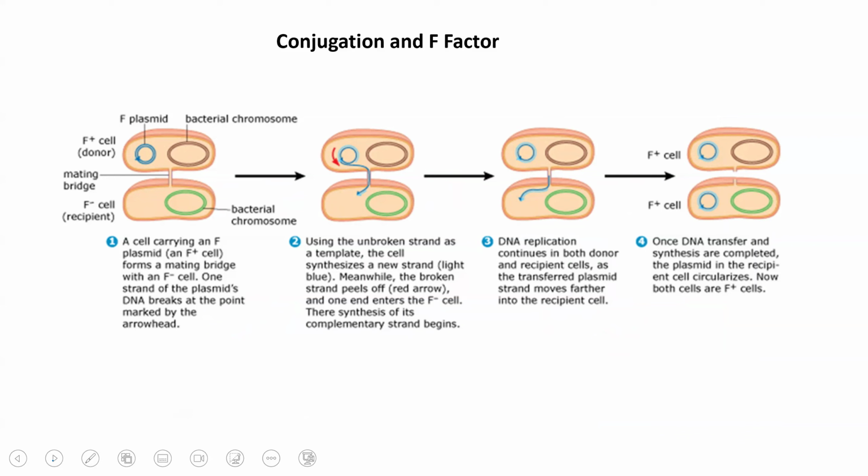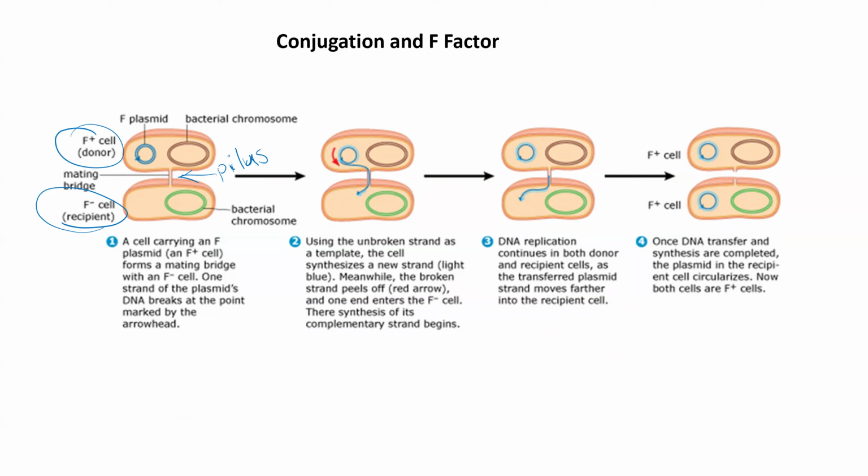Conjugation, that is bacteria to bacteria. Again, we have a couple of different things. So you have to be F positive. You have to have an F plasmid to be a donor, and you are F negative as a recipient. Once you transfer, this occurs through a pilus connection known as a mating bridge. And that is primarily what the pili are used for, conjugation.